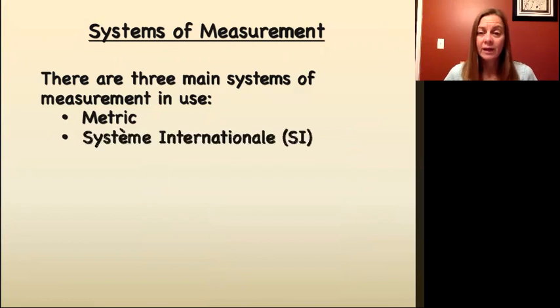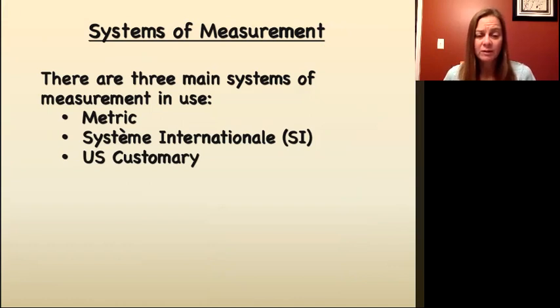Very closely related to the metric system, and really the only difference is what the base unit is, is the Système International, which we'll call the SI system. And then, of course, the one that we use in our everyday lives is the US customary system. We used to call this the imperial system for Great Britain, but Great Britain doesn't use this system anymore. So it's become the US customary system.